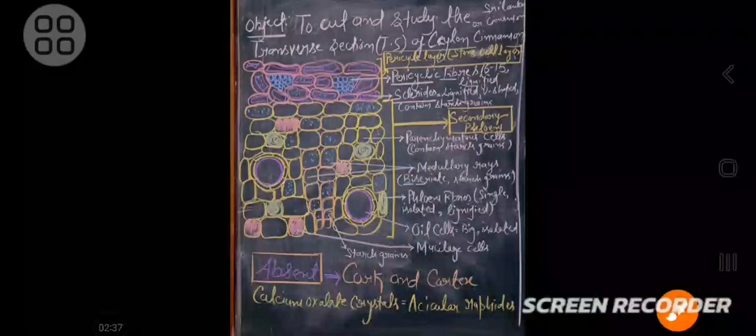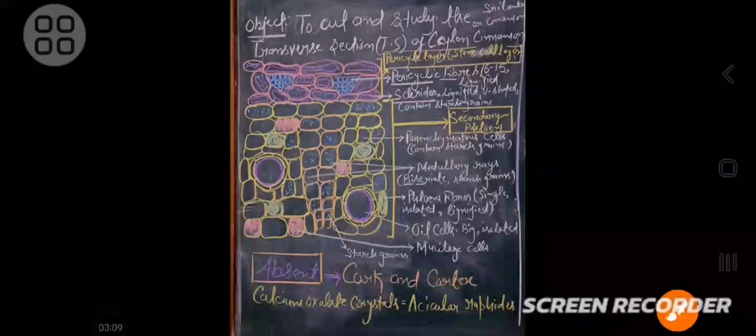Here in this structure you can see these are the bunch shaped structure. And the sclereids are the U-shaped type of structure which are isodiametric in nature. So in the pericycle layer, mainly two types of cellular structure are present, pericycle fiber and the sclereids.